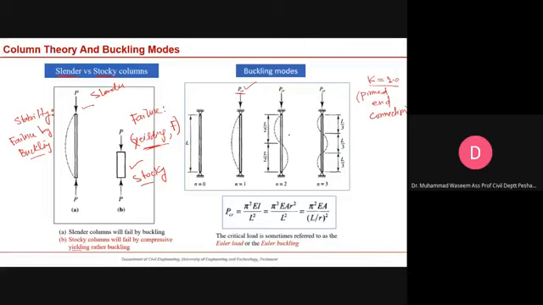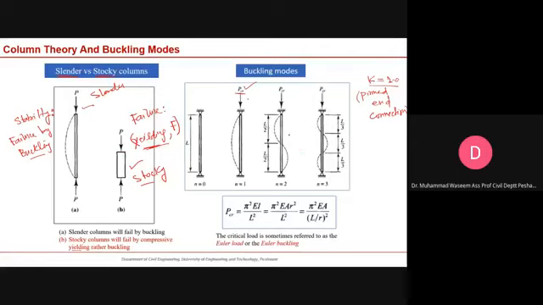And this column produces different buckling modes. If you keep on increasing the load, the buckling modes will be changing in the member. Some members will fail in this deformed shape, some members will fail in that deformed shape. So there are different buckling modes as well.